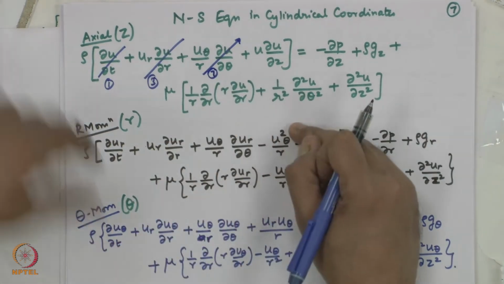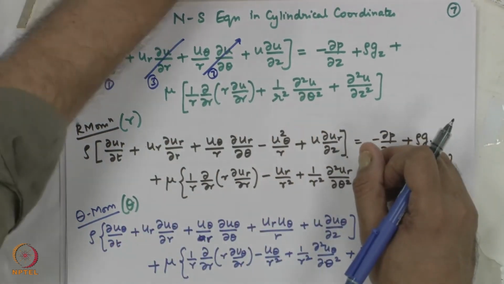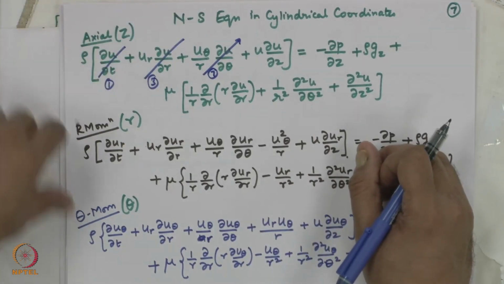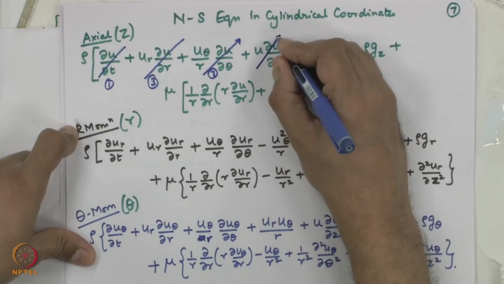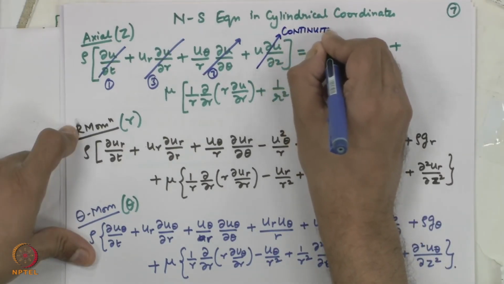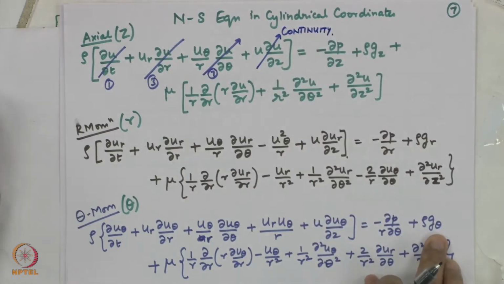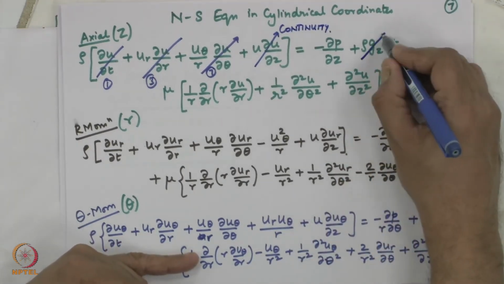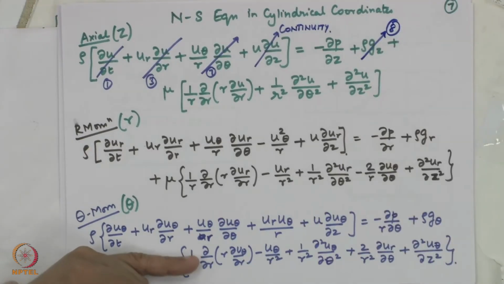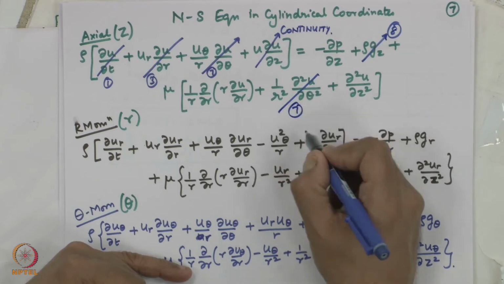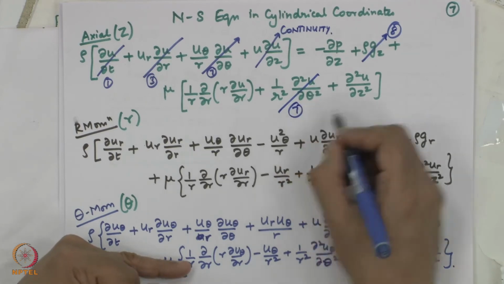Du by dz was shown to be equal to 0 from the continuity equation. This was the condition of fully developed flow. So, this is 0 from the continuity equation. We just showed it a couple of minutes ago, fully developed flow. So, this is 0. dp by dz retains here. Gravity is neglected in all directions. So, this is assumption 8, and assumption 7 is this, because the gradient with respect to theta is 0.